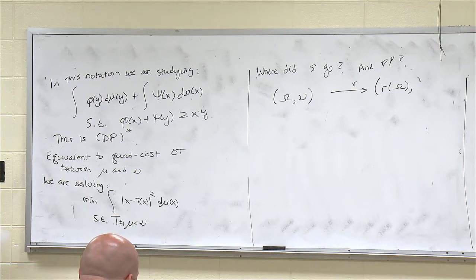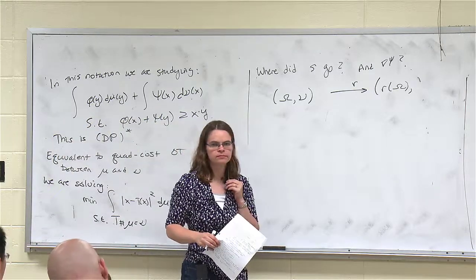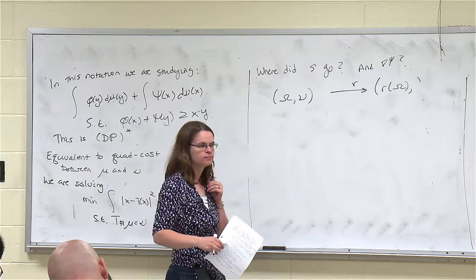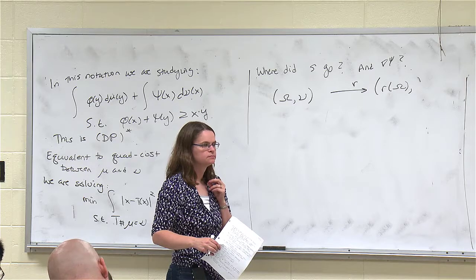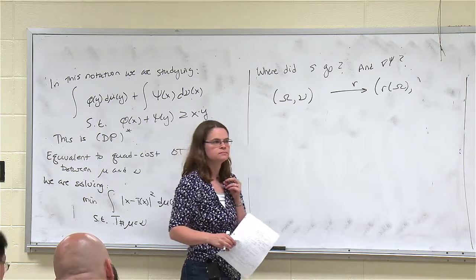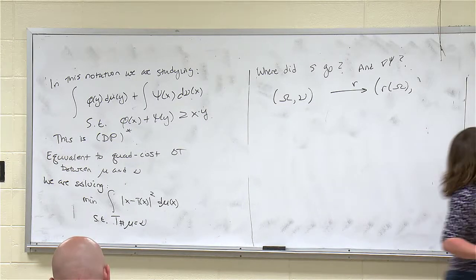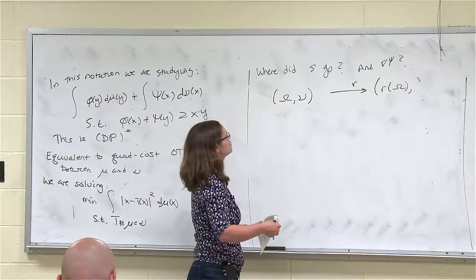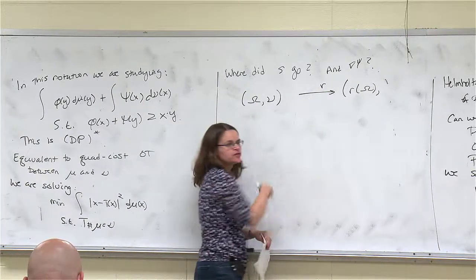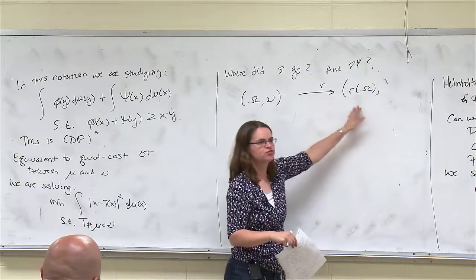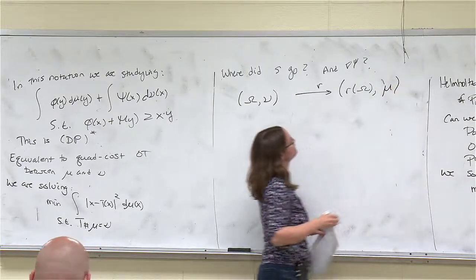And what's the appropriate measure to be working with over here? Our push forward of nu, which we gave a special name. We called it mu. So we have a domain omega, we're working with the Lebesgue measure, you gave me a vector field that maps omega to whatever it maps it to, and we defined the push forward of this measure as mu.